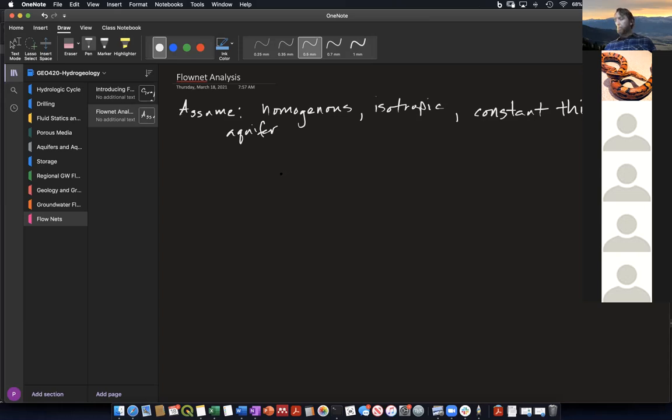And let's go back to our simplest drawing where we had a really just straight system, like for example, the Hellgate Canyon. So as best as I can, I'm going to draw two no flow boundaries here on the sides of our aquifer.